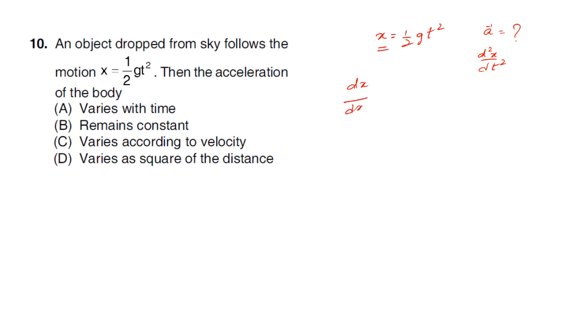So dx by dt is equal to half g into 2t, that is equal to g t. Then differentiate it again with respect to time, then differentiation of this is g, that means it is a constant. Therefore acceleration of the body remains constant. Option B is correct.